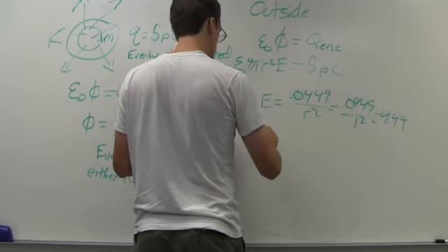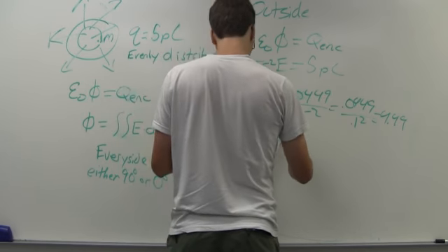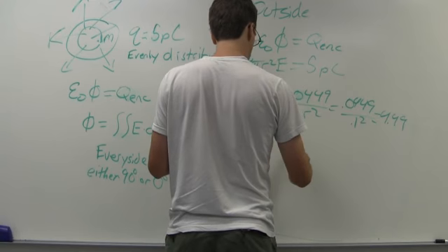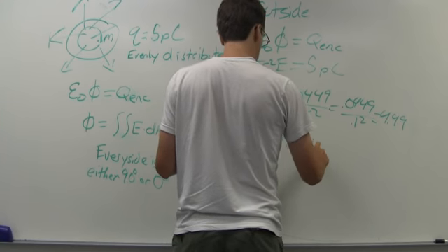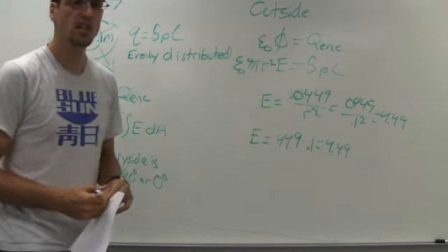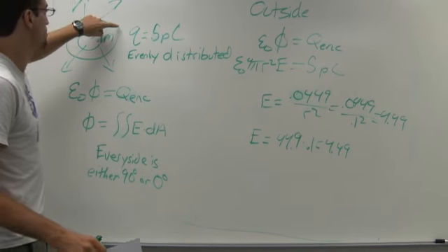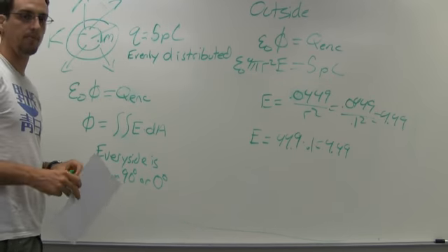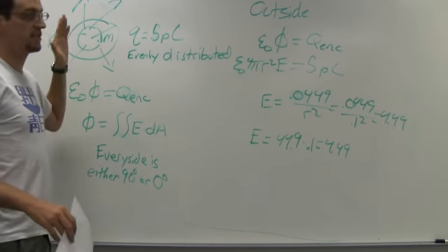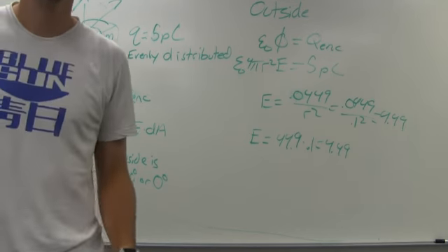From the inside, we have E equals 44.9 times 0.1, which is also 4.49, which tells us that the function is continuous, which is what we would expect to see. No matter which way you're coming from, the electric field at this edge of the sphere is 4.49 newtons per coulomb.